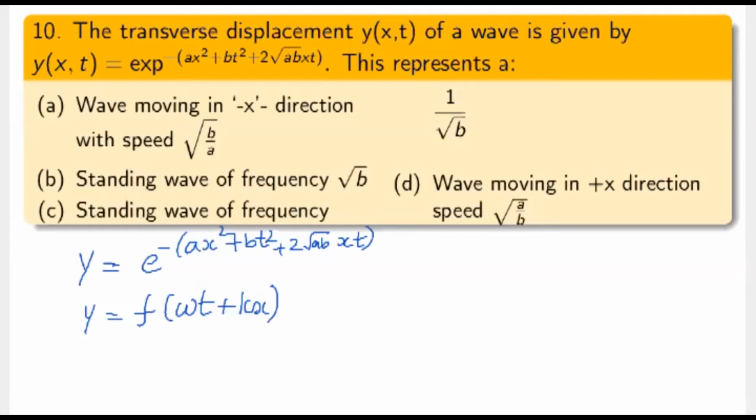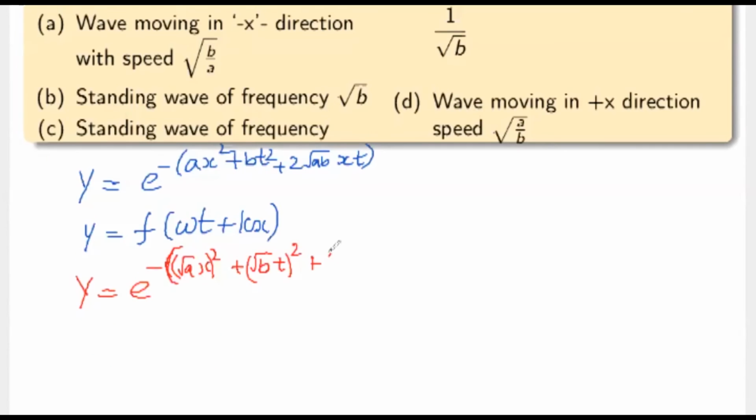So y equals e power minus (ax squared). I will write that as (root a x) squared plus (root b t) whole squared plus 2 times root ab into xt. So that means it is in the form of (a plus b) whole square.